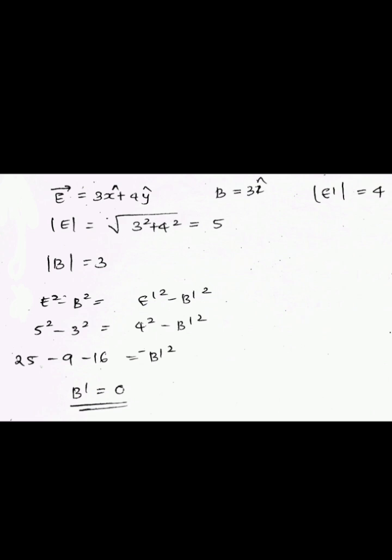Then E square minus B square is equal to E dash square minus B dash square, as it is Lorentz invariant. So this is 5 square minus 3 square is equal to 4 square minus B dash square, because it is given that E dash is equal to 4. That is 25 minus 9 minus 16 is equal to minus B dash square, that is B dash is equal to 0. So the magnitude of B dash measured by him is 0. So 0 is the answer.